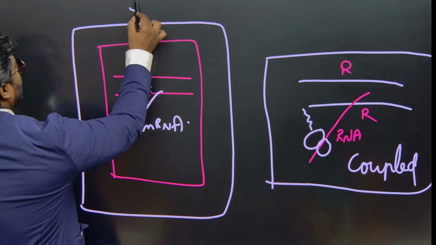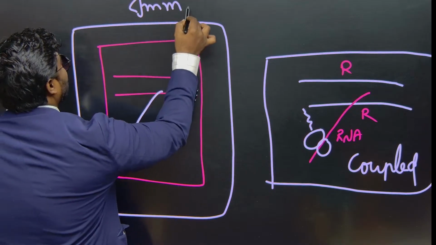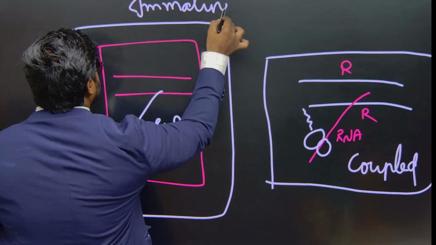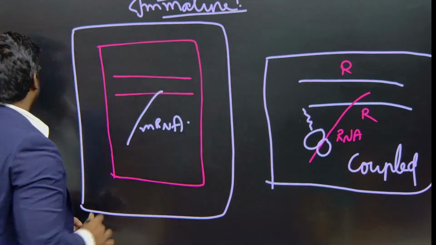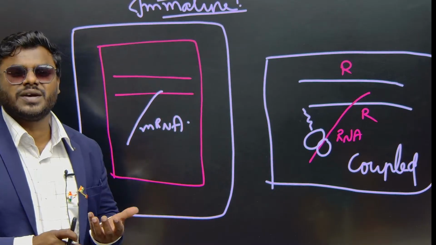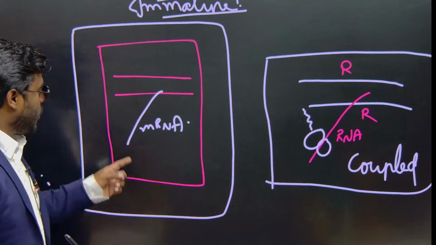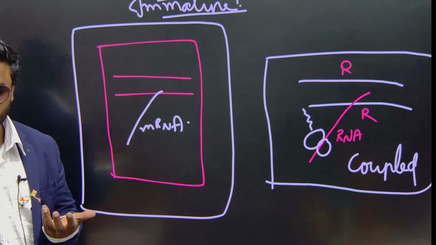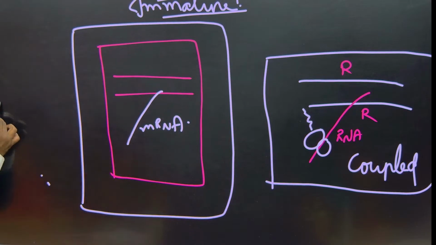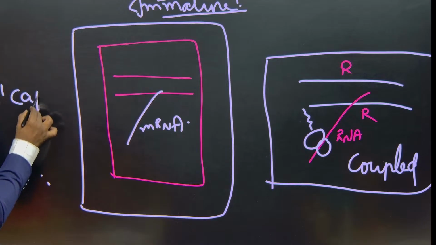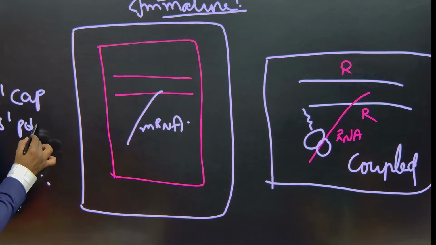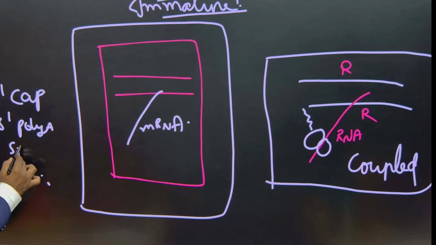We use the word immature mRNA. Tell me, all of you, we read at the BSc level, how can we convert this immature mRNA into mature mRNA? By using certain modifications. What modifications? You already read it. We call them 5' capping, 3' polyadenylation and splicing.